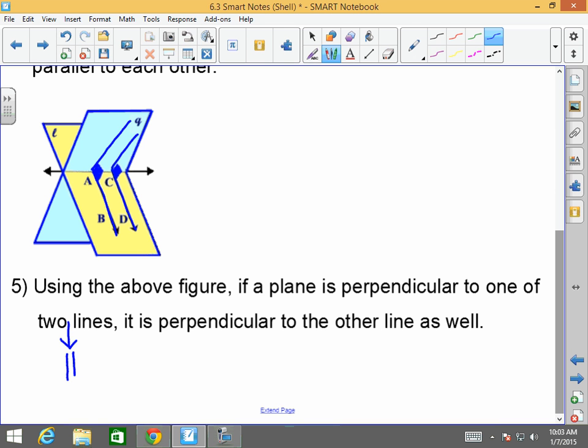So what that's saying is if line AB and line CD are parallel and plane Q is perpendicular to line AB, then plane Q will be perpendicular to line CD as well. Okay?